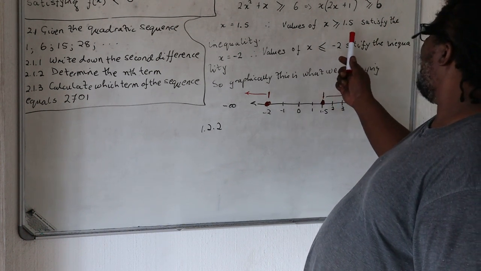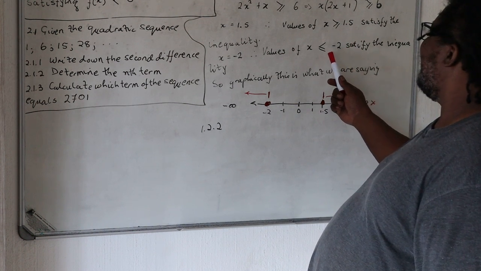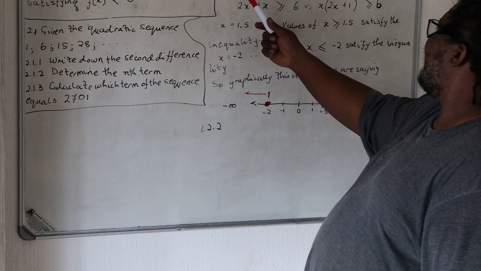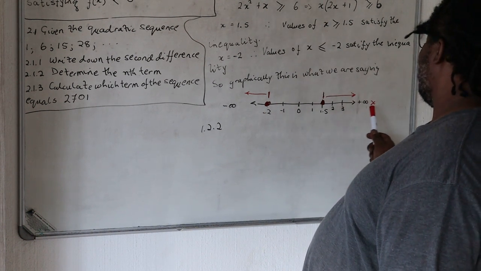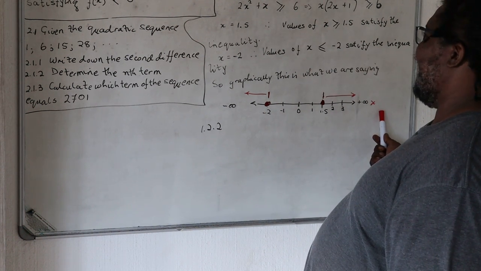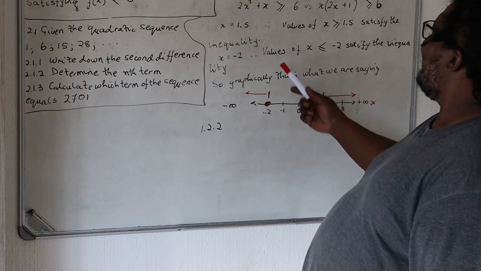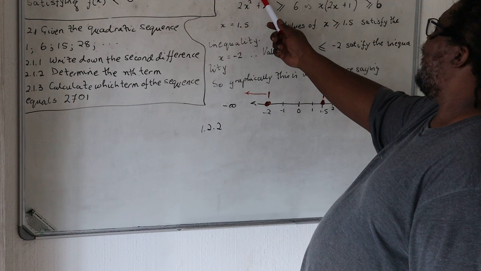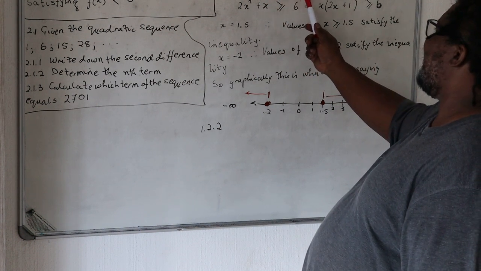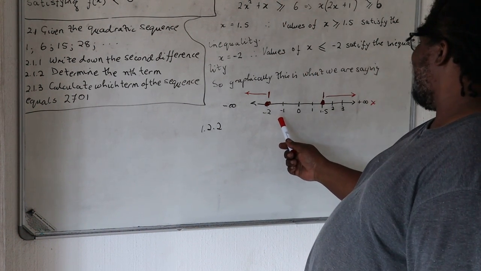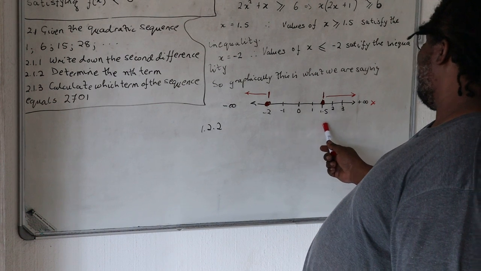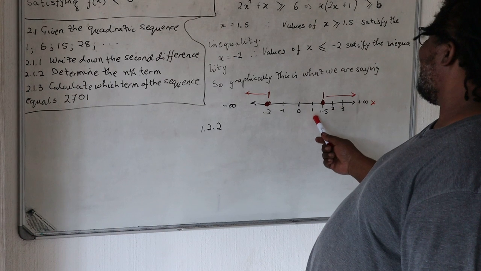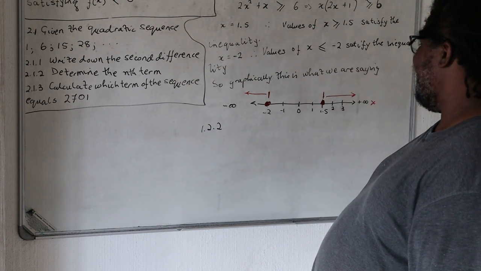Since this inequality here is satisfied by this graph, then the inequality 2x squared plus x minus 6 is less than 0 is satisfied by the part of the number line which does not satisfy the first inequality.